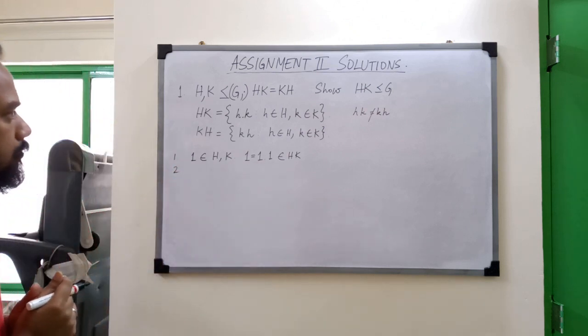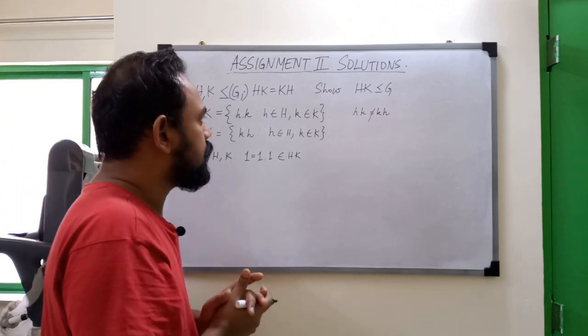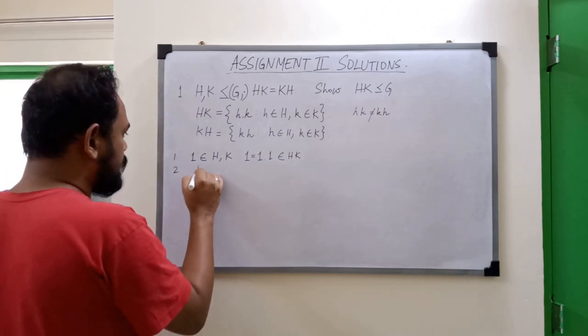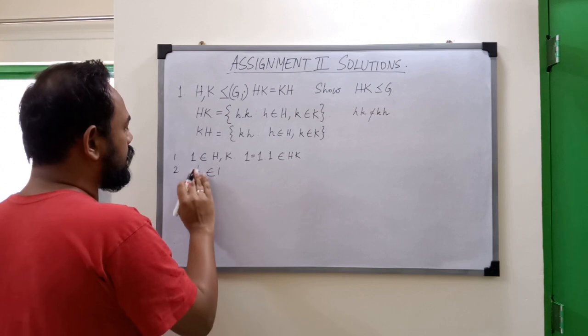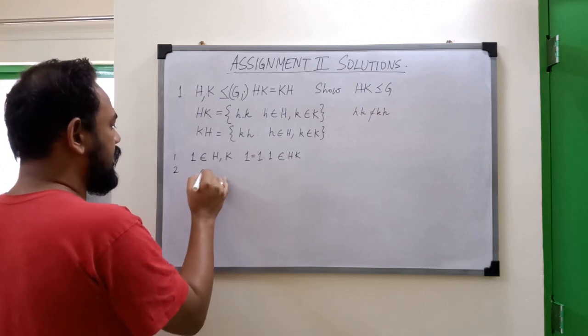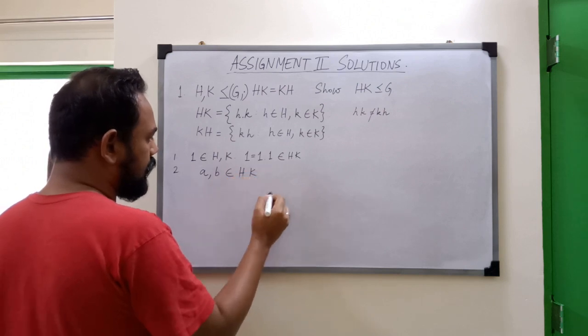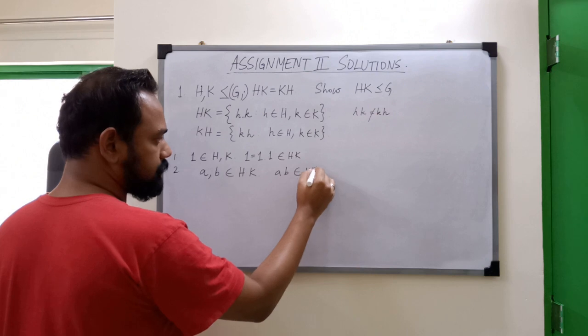What about the closure? This was very easy, so that's why we did this first. What about the closure? If I take two elements A and B from HK, will the product A dot B be in HK? That's the question.